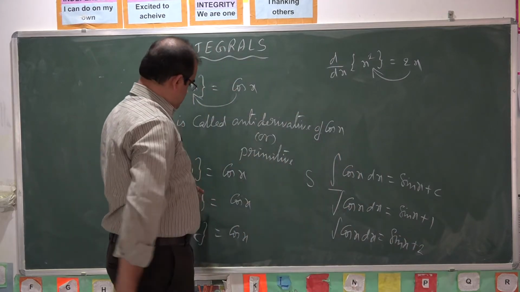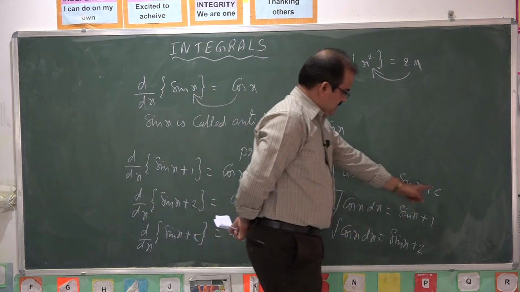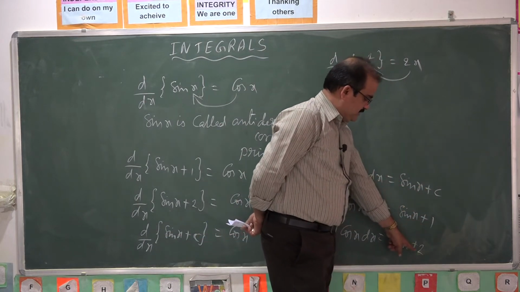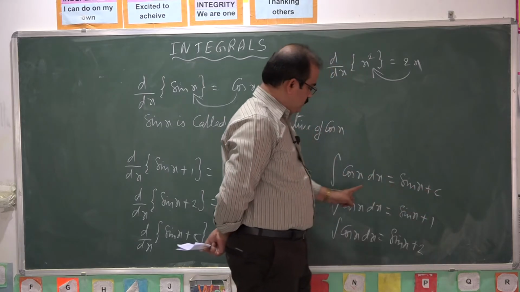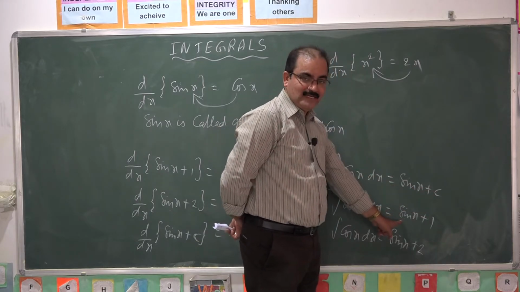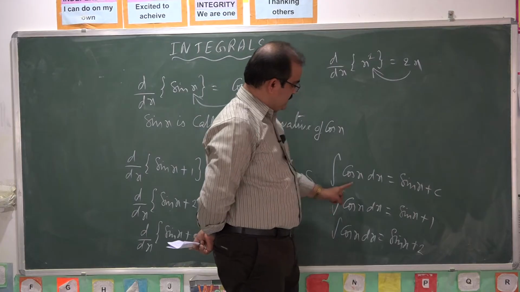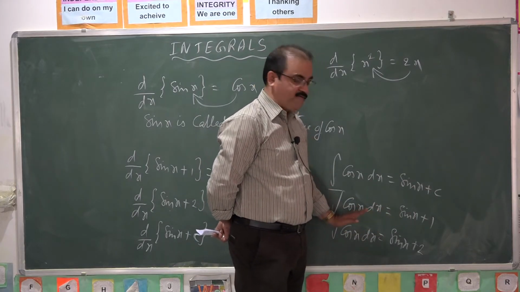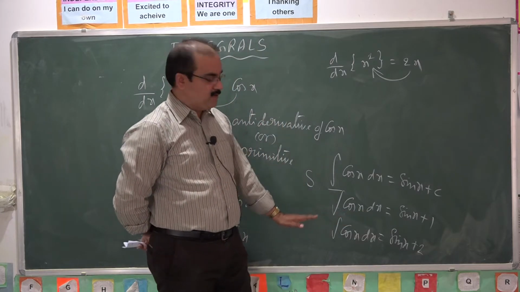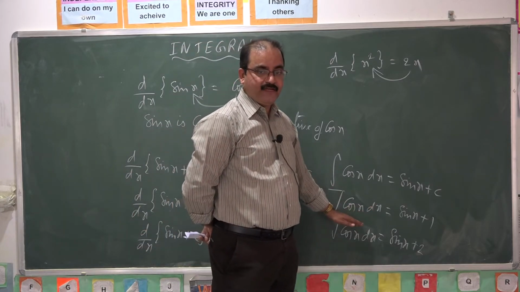You observe that here c takes the value 1, here c takes the value 2. For different values of c, you get different integral values. So here the value of integration is indefinite, so it is called indefinite integration.